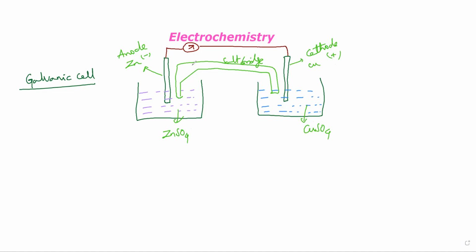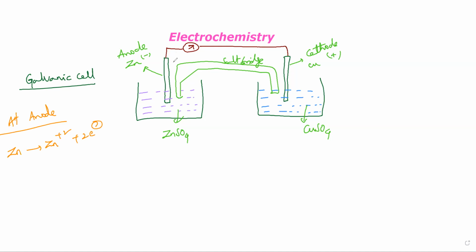Now zinc rod dissolves in zinc sulfate solution. That means what happens at anode? At anode, this zinc rod dissolves in zinc sulfate. That means zinc is converted into Zn+2 by releasing 2 electrons.